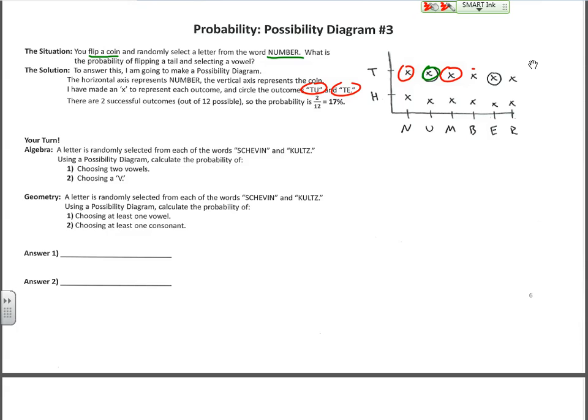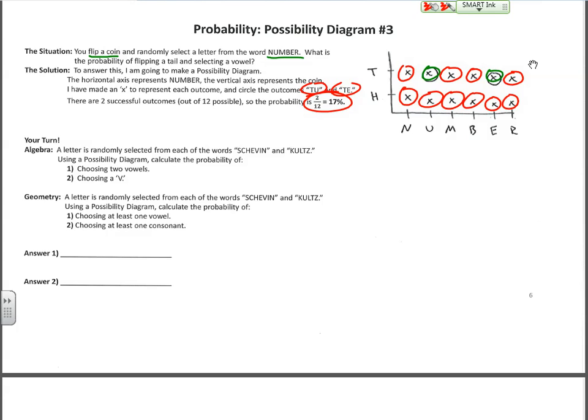A tails and a B. Don't want that. A tails and an E. That looks good. And a tails and an R. Not good. And then all of our heads results are unsuccessful because we don't want heads at all. We just want tails. So 2 out of 12 possible outcomes are successful, and that's where we get the probability of 17%, 2 out of 12.